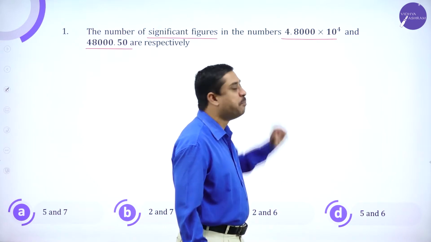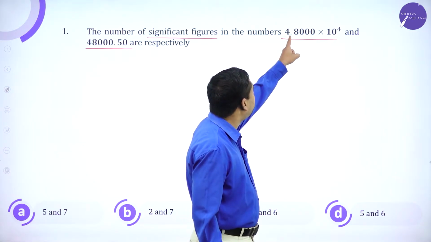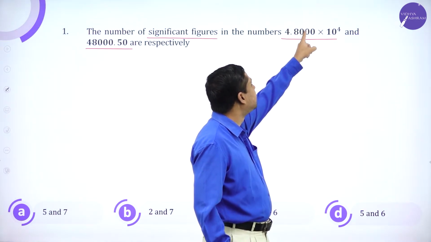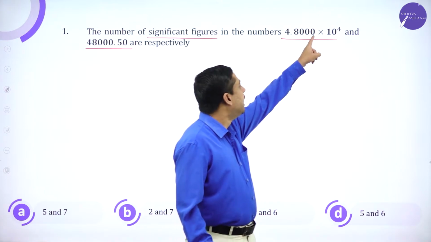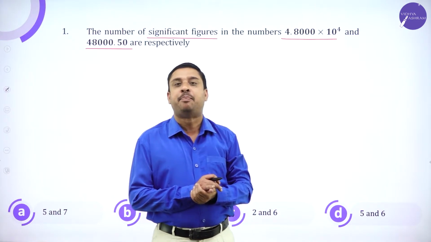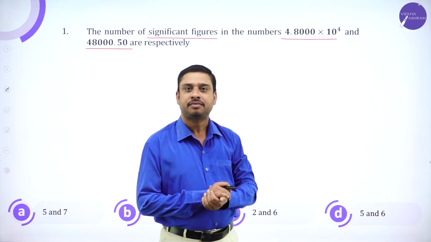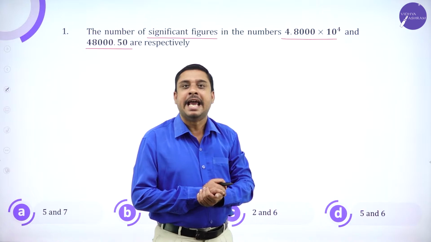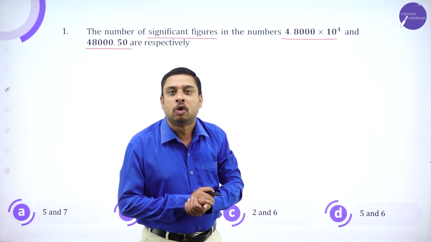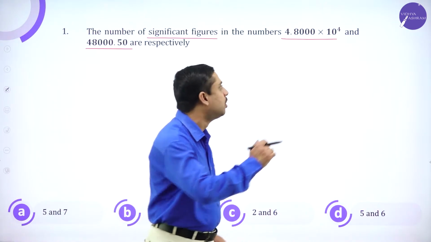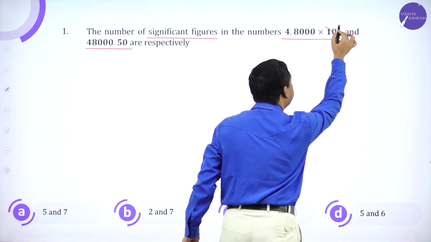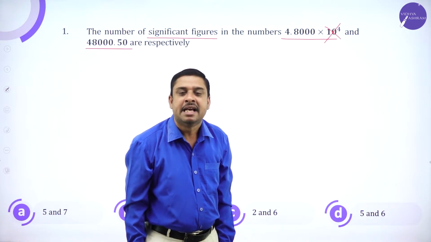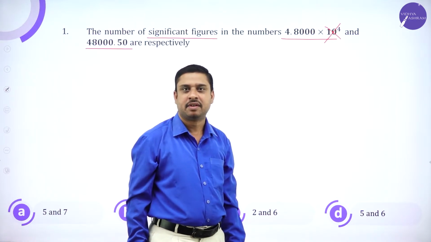So the first number, 4.8000 into 10 power 4. The rule says any power to the base 10 should not be considered to identify significant digits.